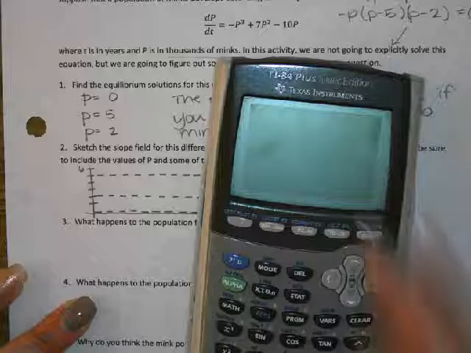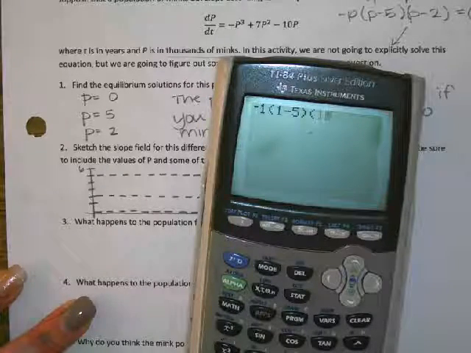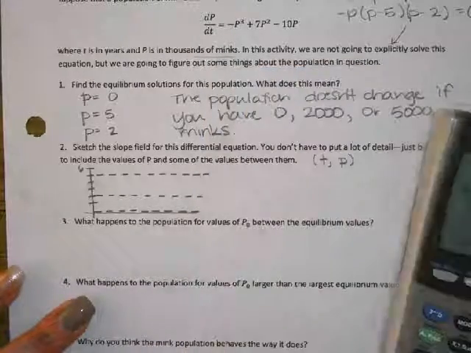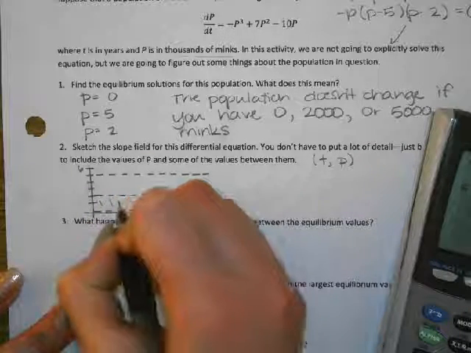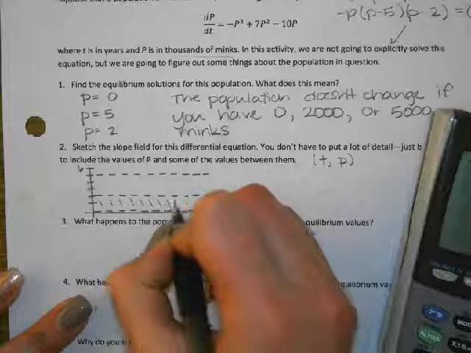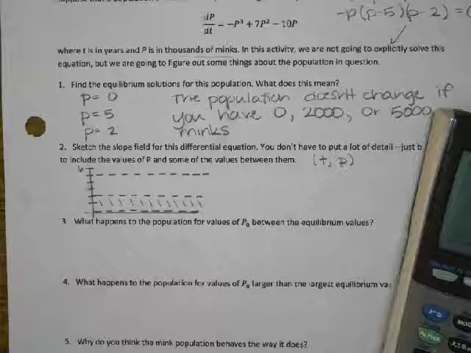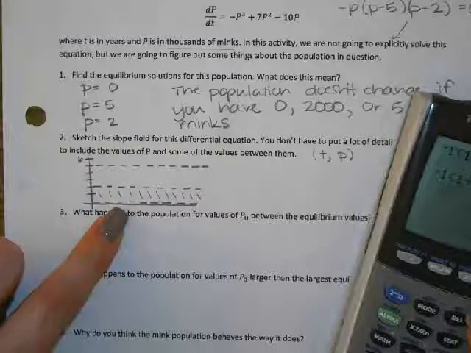Okay. So let's go ahead and plug 1 into that equation. You can type it in however you want. I'm going to do -1 times 1 minus 5 times 1 minus 2. Our slope there is -4, so that's a pretty steep negative slope. Does it make sense how I'm drawing the slope field? Okay. I'm going to go ahead and plug in 3.